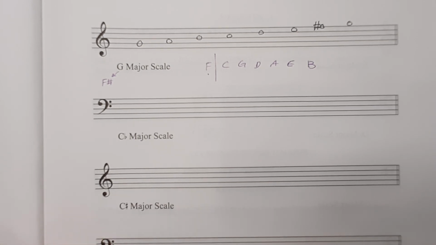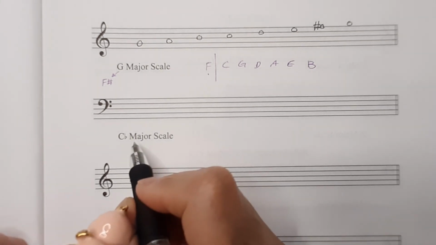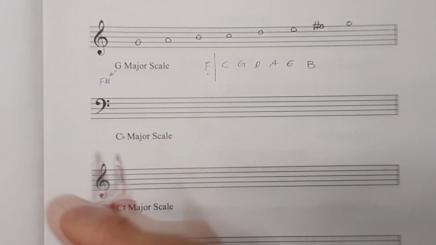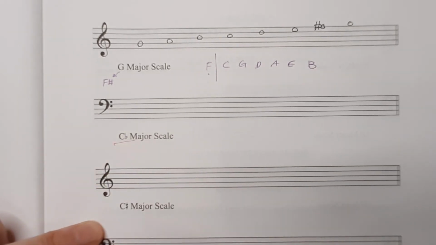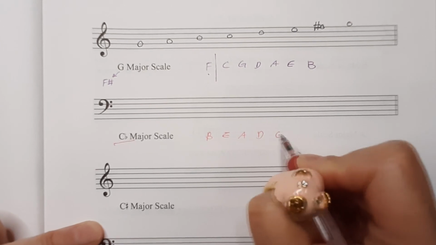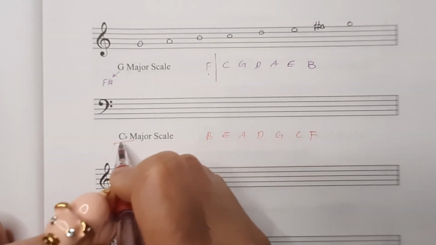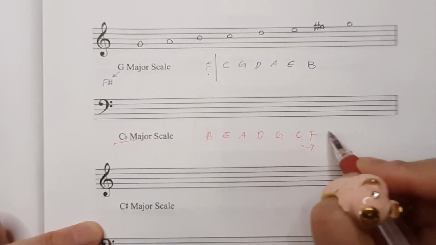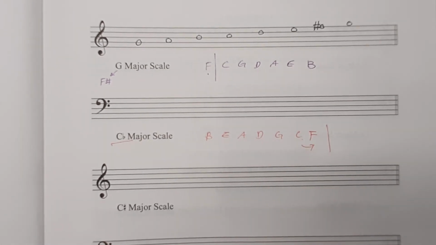Okay, we'll do just one more then. C flat major. Now, it's a flat key. There's a flat sign. Order of flats: B, E, A, D, G, C, F. Now, go up to the C and draw one more. So we have all seven flats, right?